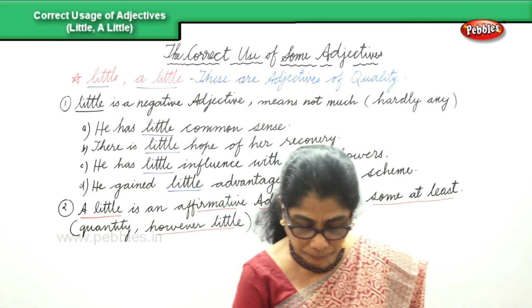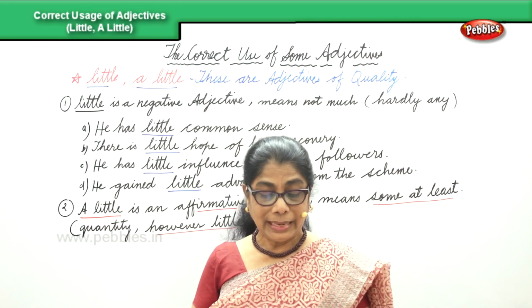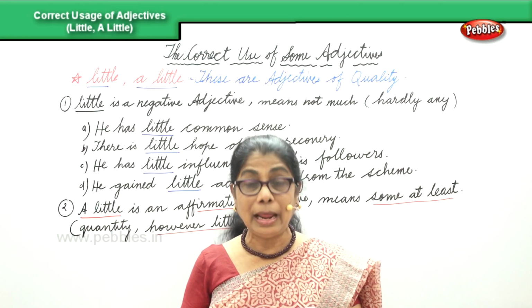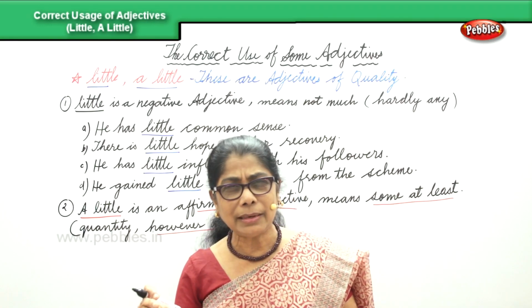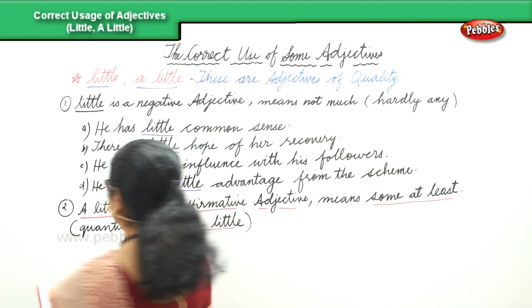Okay, now let's see sentences that I have for you. He spent only a little money on himself. That means he spent some at least. Okay, so that's the first sentence.